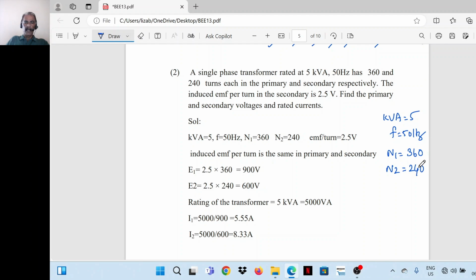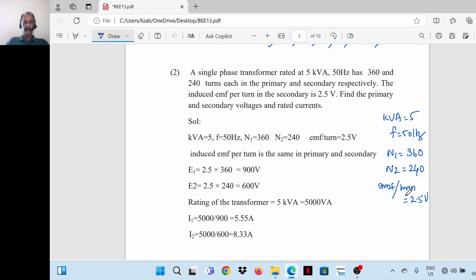The secondary EMF per turn is 2.5 volts. The induced EMF per turn in primary and secondary is the same. So irrespective of primary and secondary, EMF per turn is 2.5 volts.